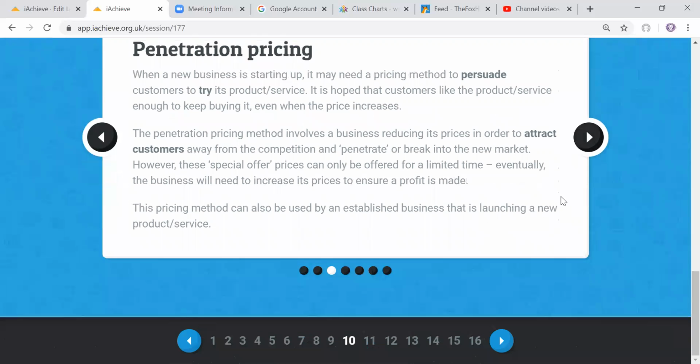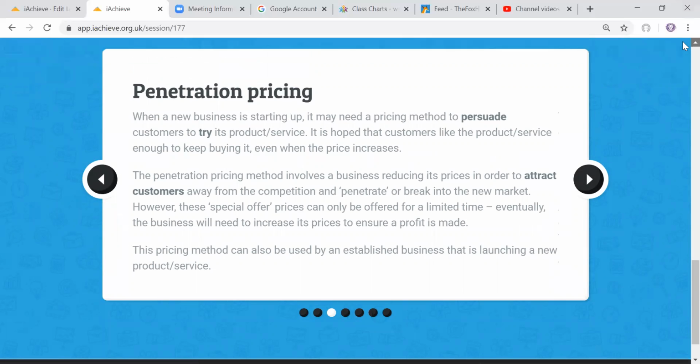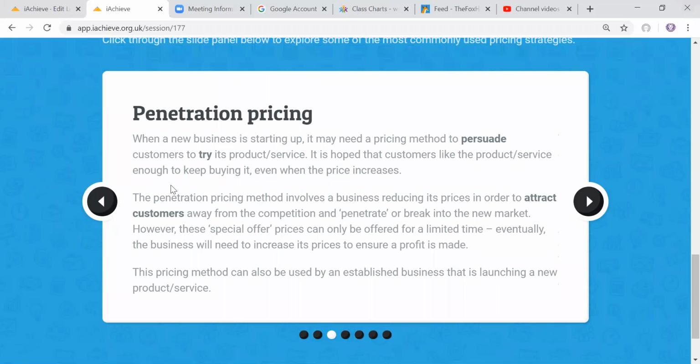The next strategy is penetration pricing. With penetration pricing, when a new business is starting up, it may need to use a pricing method to persuade customers to try its product or service.